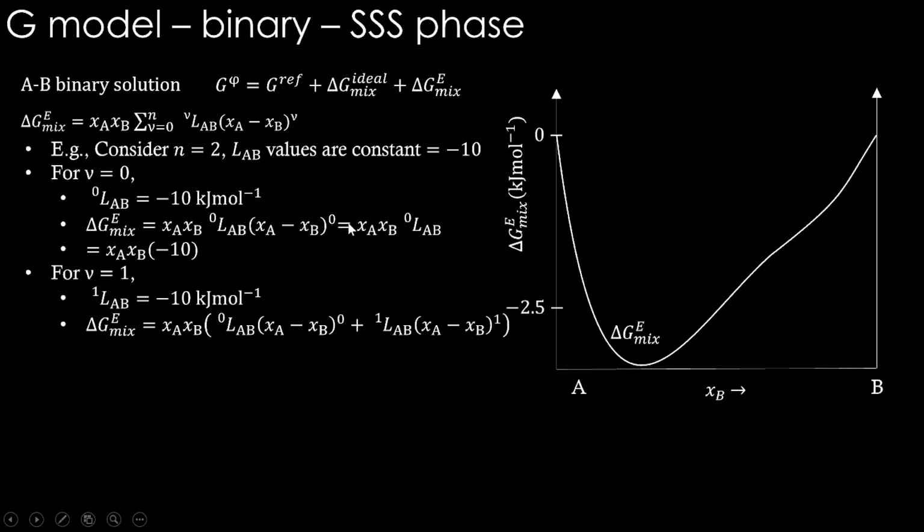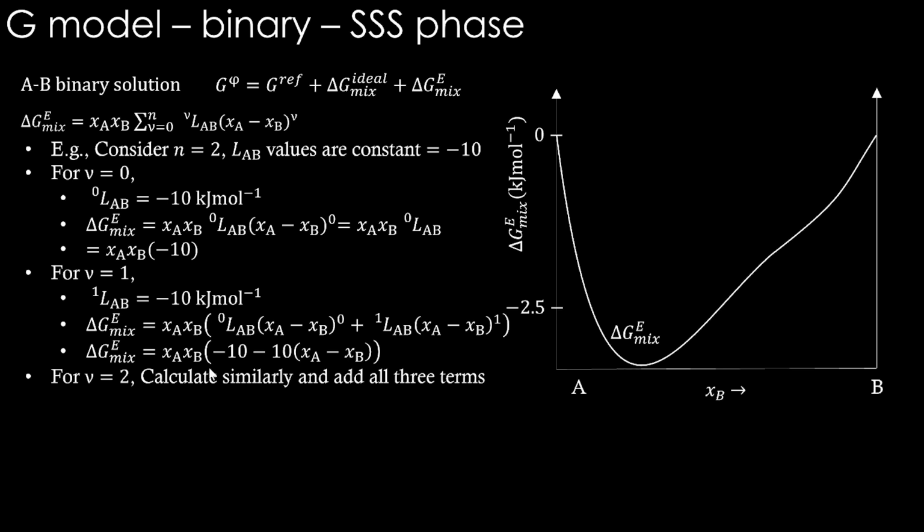So this term we have already seen here, this becoming 1. If we do that here again, we will get minus 10 minus 10 into (XA minus XB) power 1, right? So if we also calculate nu 2 in a similar manner and add all the three terms, only then we will get delta GE mix.